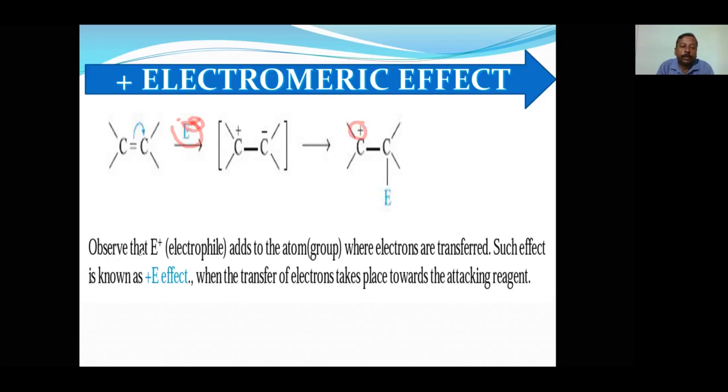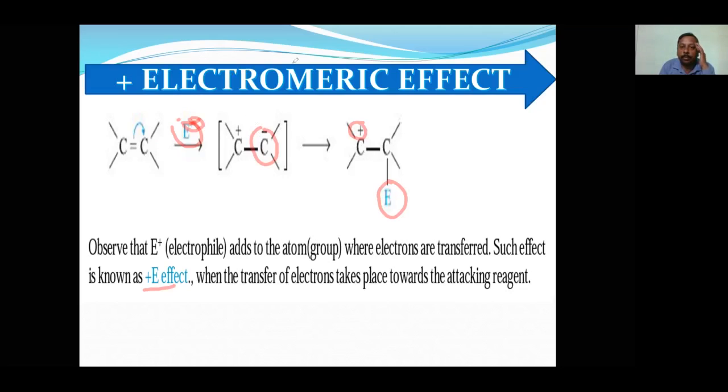So we observe that the electrophile adds to the group where the electron is transferred. Electrons are given to this carbon, and the group is also attached to the same carbon. Such an effect is called plus E effect. That means the attacking reagent and electron transfer take place on the same carbon, and this is called plus E effect.